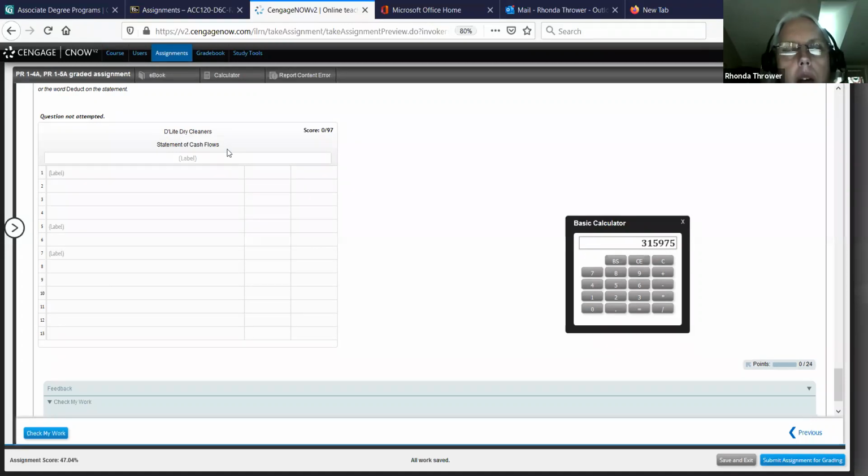I want you to concentrate on your income statement, your statement of owner's equity, and balance sheet. You're going to see those over and over again throughout this course. But this is a financial statement, and it will be discussed in a later class. So it's important that we at least talk about it.